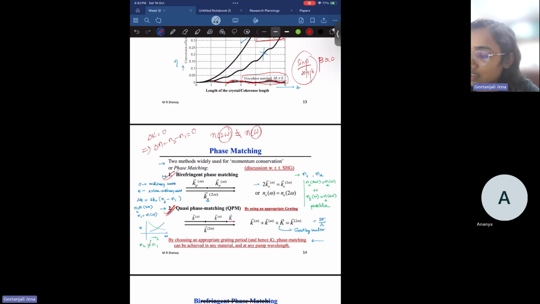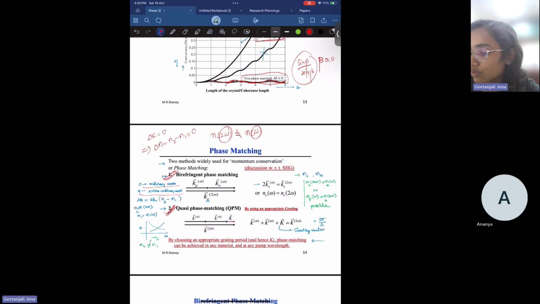So for this, what we can do is use a medium where there are two types of refractive index. From that, you can easily match the refractive index at one of the frequencies. These materials are known as birefringent materials. This has two refractive indices: one is for ordinary waves and one is for extraordinary waves.